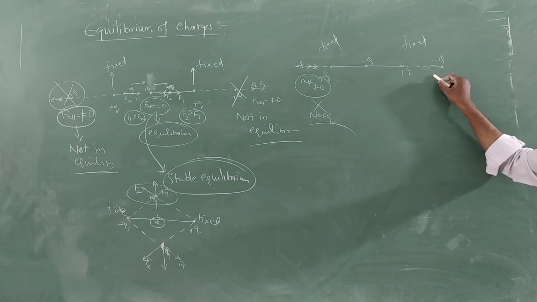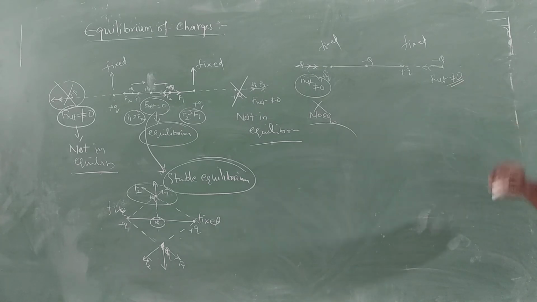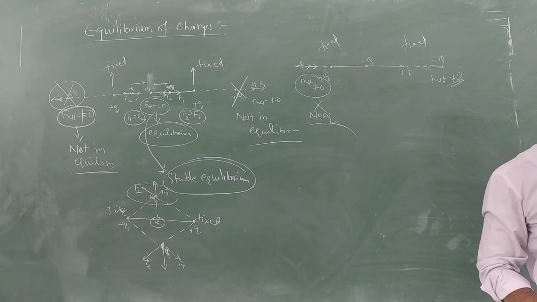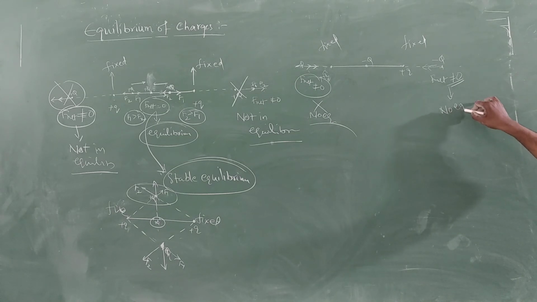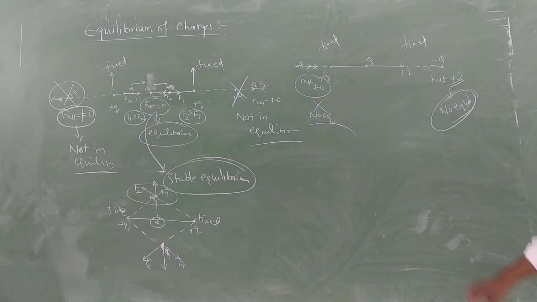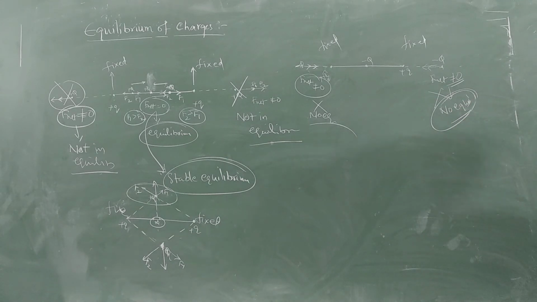So both are in the same direction, F net is not equal to 0, so it is not in equilibrium. Understood? Clear now? Here also no equilibrium, there also no equilibrium.